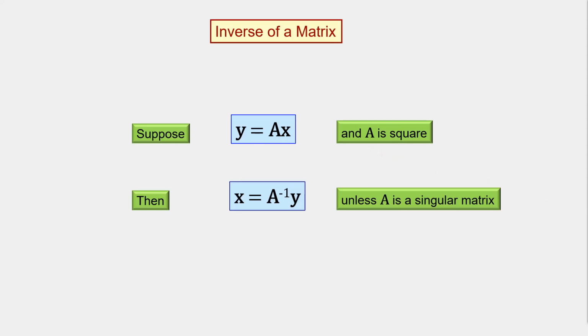Then, if we want to back calculate x from y, this is the relationship we have to use if the inverse of the matrix A exists. So if a matrix is square, it may or may not have an inverse. We specify the inverse as A with that -1 superscript. If that inverse exists, we can calculate x from y using that operation.